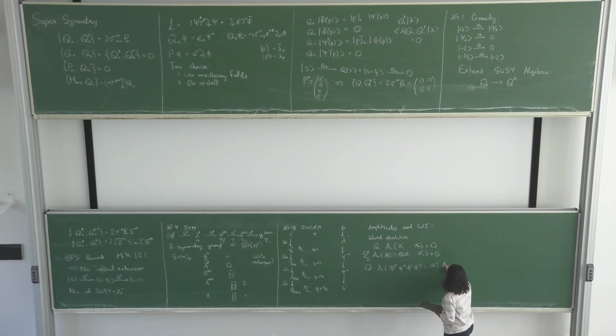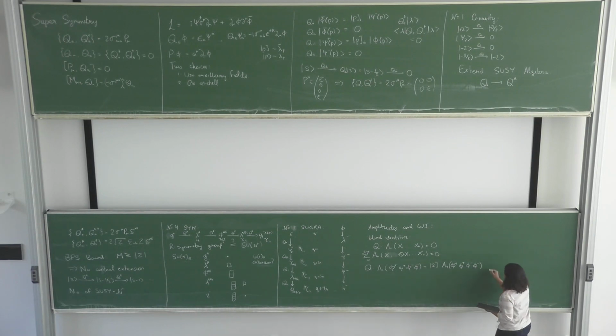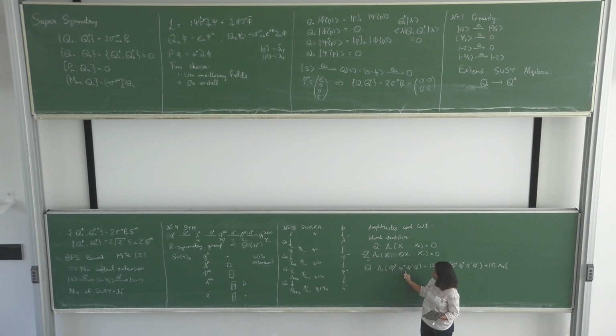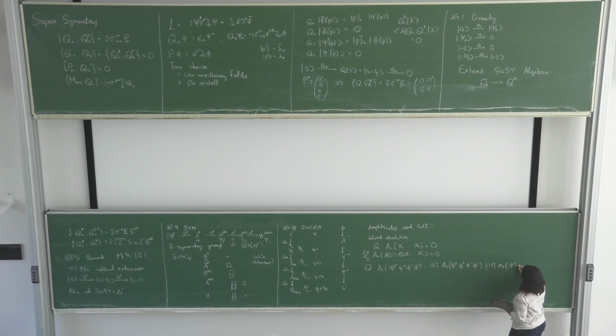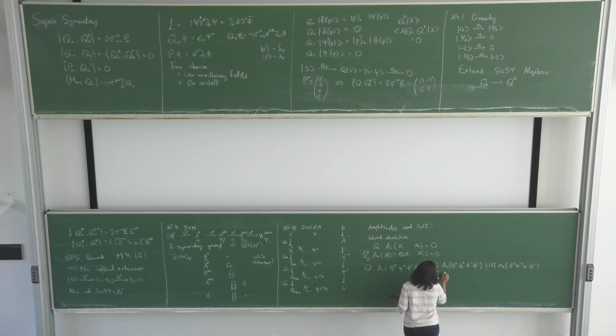So A4 plus, phi minus, phi minus. Next state gives you 3, A4. Sorry, I should say that when Q goes through psi, it has to pick up a minus sign. So then phi plus, psi plus, phi minus, and then the fourth particle.